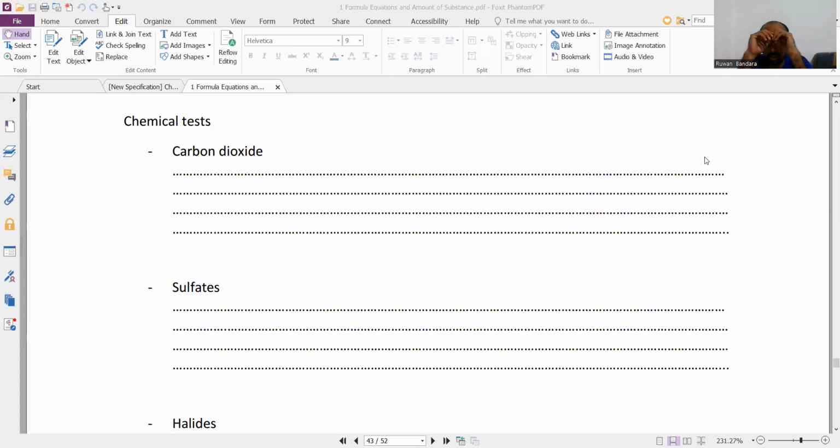So carbon dioxide is passed through lime water. What is lime water? These are very useful in paper 3. What is the formula of lime water? Sonali, what is lime water? Calcium hydroxide.